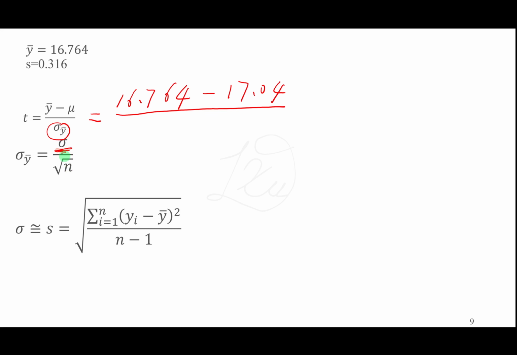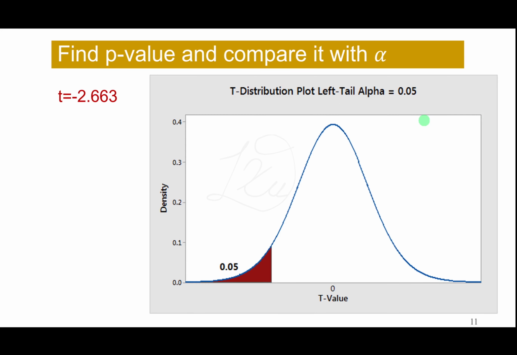We don't know the population standard deviation, so we can use the sample standard deviation S as an estimate of sigma. So sigma y bar equals S divided by the square root of 10, that is 0.316 divided by the square root of 10, and t equals negative 2.663.